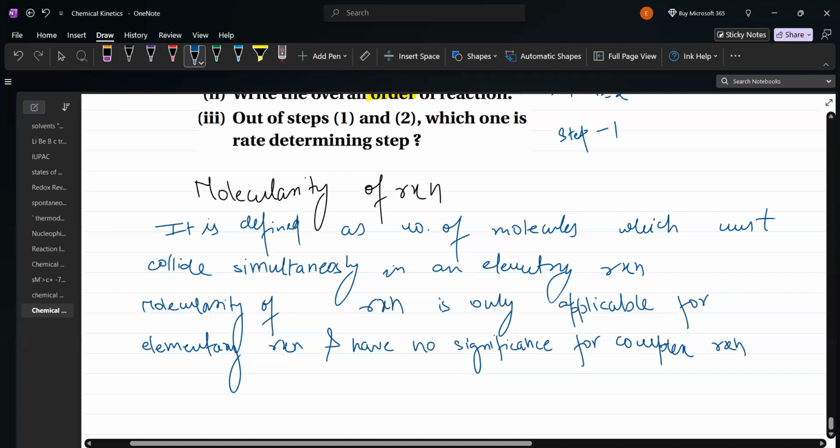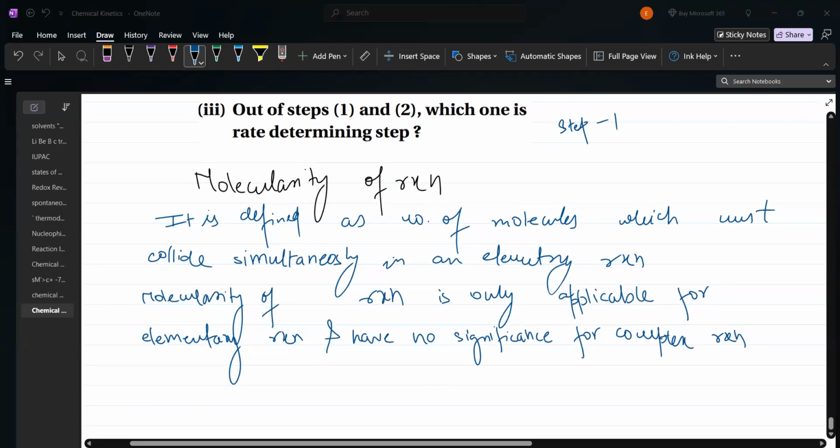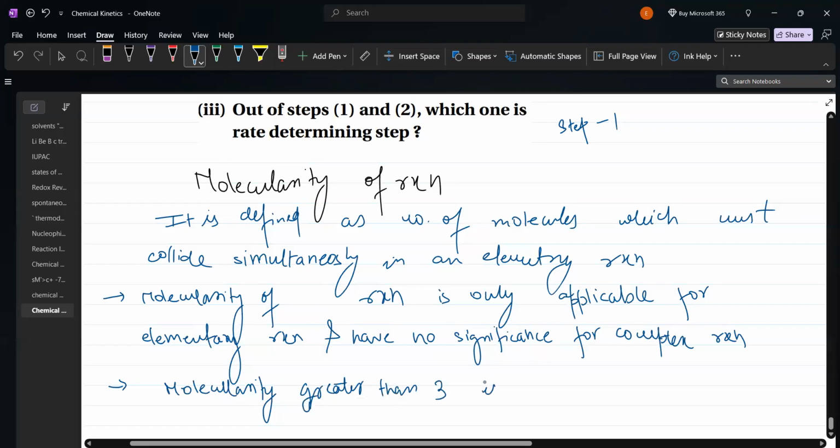Now one more point. Molecularity greater than 3 is rarely observed.